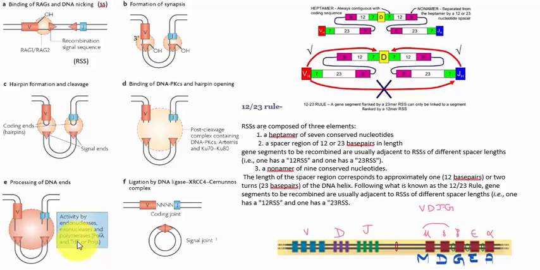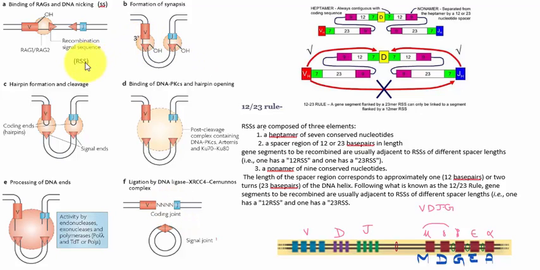The other enzymes in the complex ligate them together. So what TdT does is provide additional nucleotides to the ends of the DNA strands. You can see these are the additional nucleotides. The further enzymes in the complex ligate together the two ends of the gene segments, completing the recombination process.